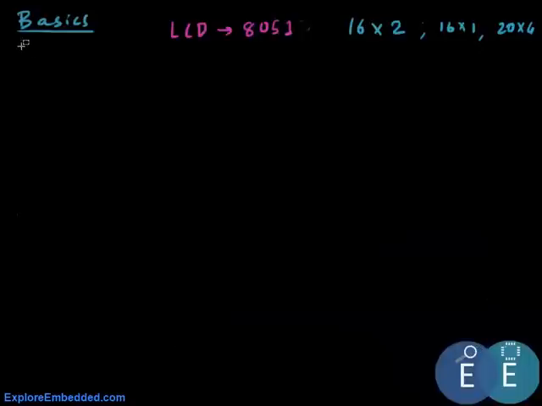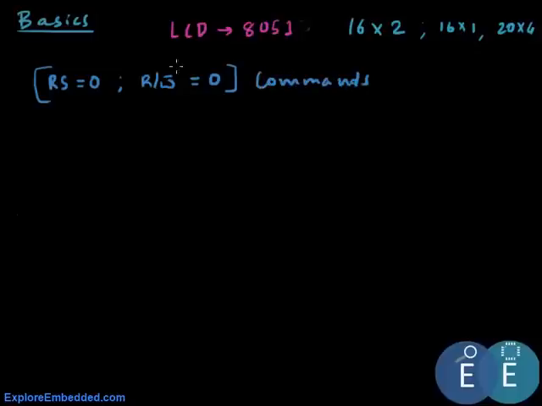Now for all the commands, as you could guess, the register select line should be 0, and since we will be writing all the commands into the graphics controller, we are writing data, so read/write bar would be 0 for all the commands that we discussed now. Now let us start with a few basics.